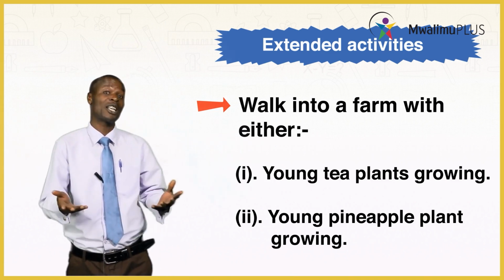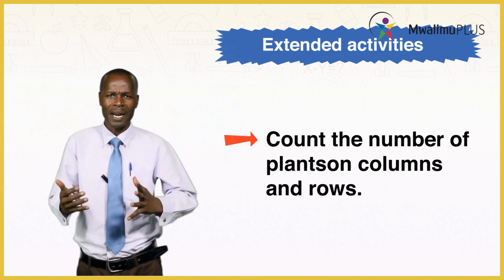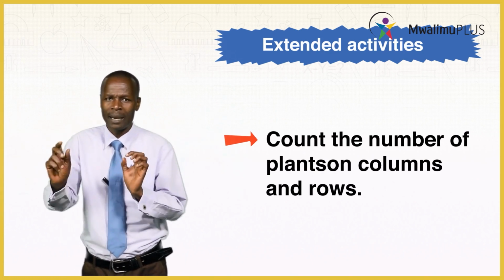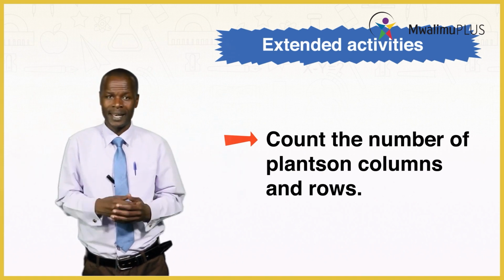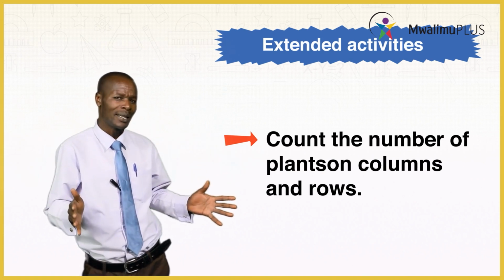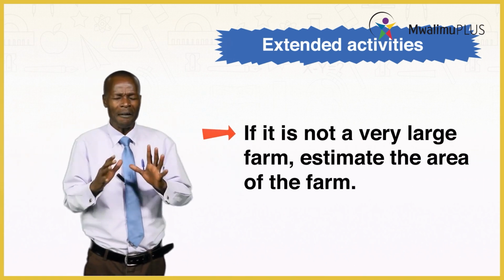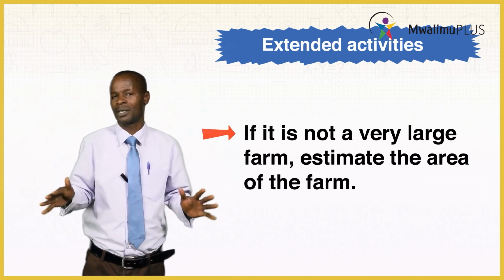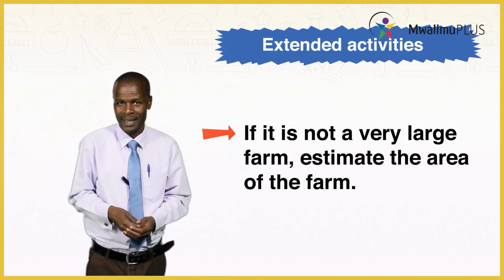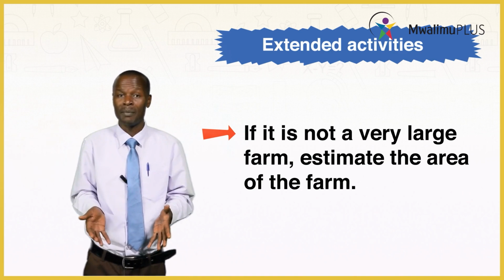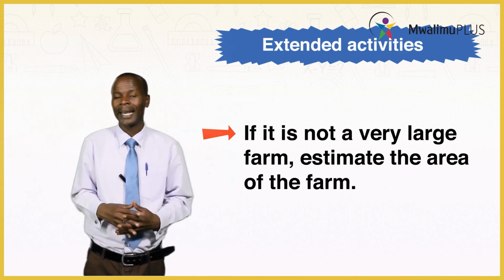Another activity that I want you to carry out include count the number of plants on columns and also rows. Once you've counted them, then they will give you an approximate area. Now, if it is not a very large farm, say for example a small garden of pineapples, then it will actually be simple for you to take a very short time to find the area of that.